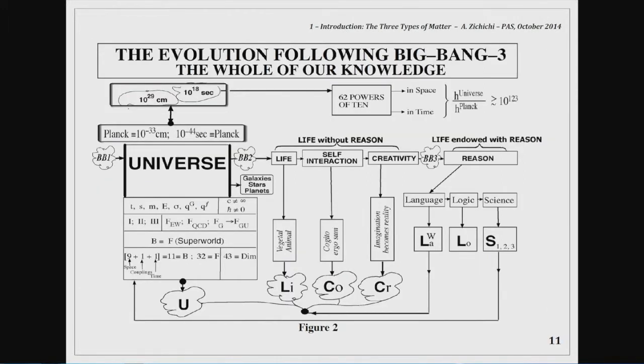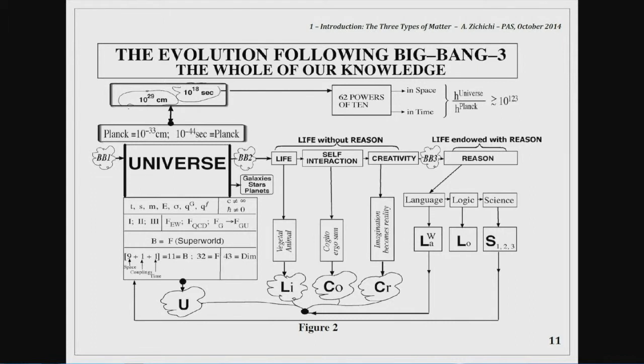Where the three Big Bangs are is unfortunately not very visible in this diagram, which we will go back to during the course of this report. Big Bang 1 is on the left of the universe, and the universe plays a central role in this diagram.